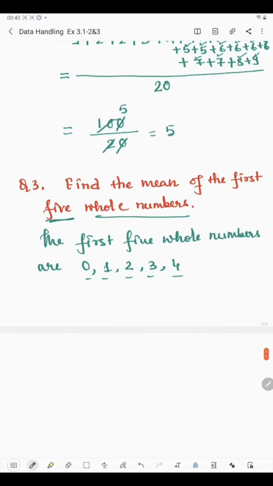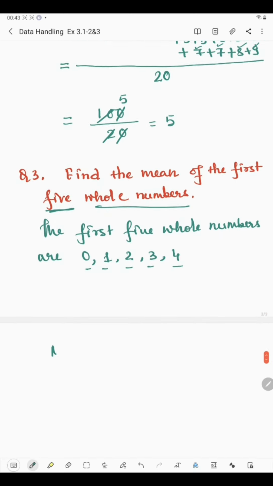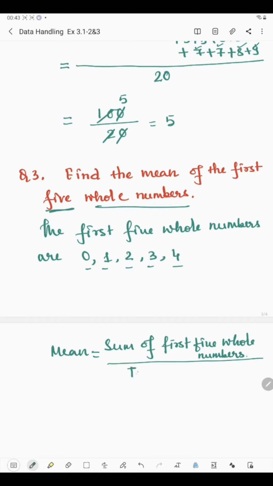Now we will have to find the mean. That means we will have to find the average. So the formula for finding mean is sum of all observations divided by total number of observations. So here we will have to find the sum of first 5 whole numbers divided by total number of whole numbers.